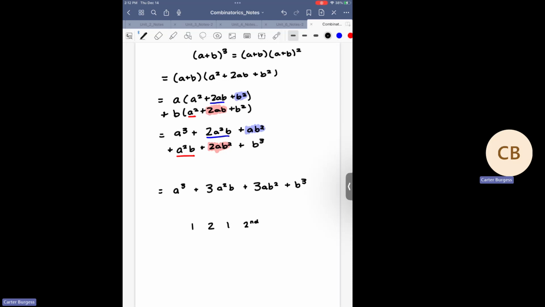And if we're trying to figure out the third power, well, first of all, there's only one way to make the a cubed, and there's only one way to make the b cubed. This 1 is going to kind of propagate down. And then the way that we made the a squared b was we took the a squared and multiplied it by b. And we took the 2ab and multiplied it by a. 1 plus 2 gave us a total of 3 a squared b's.